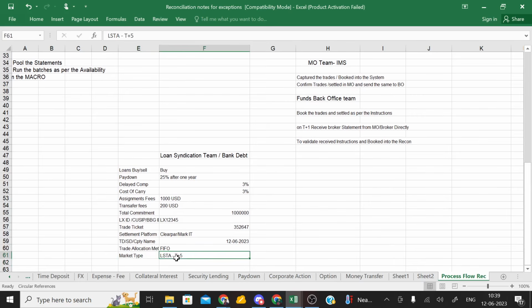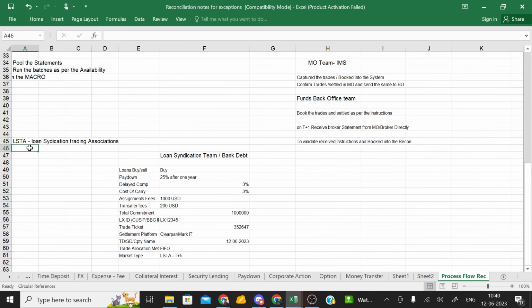LSTA means Loan Syndication Trading Association. Note it down somewhere. Loan Syndication Trading Association.